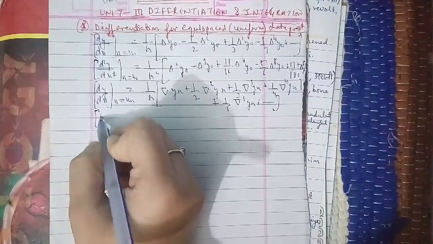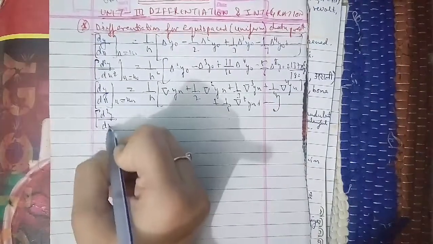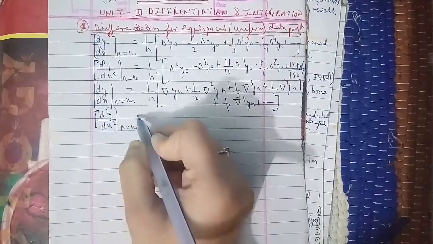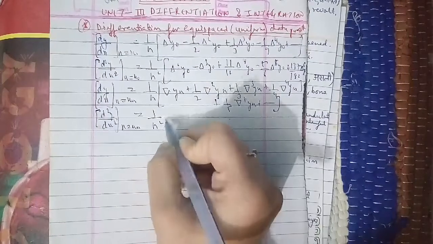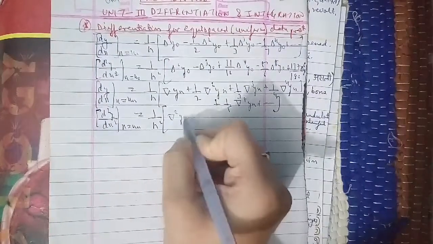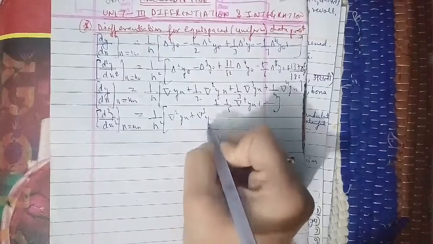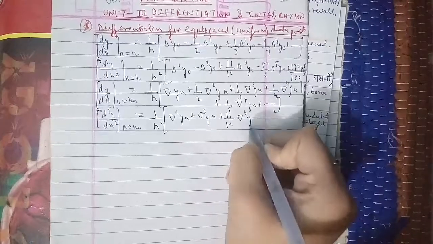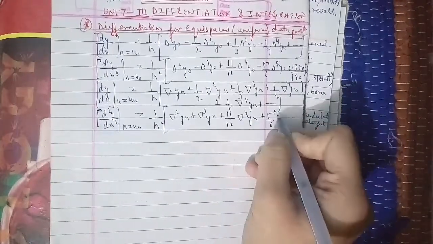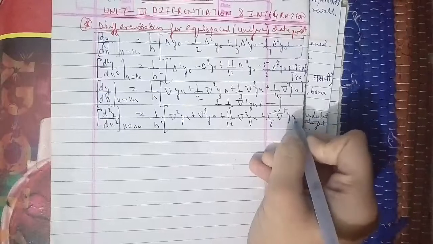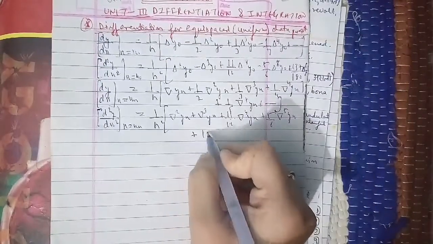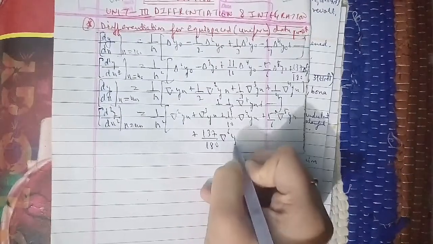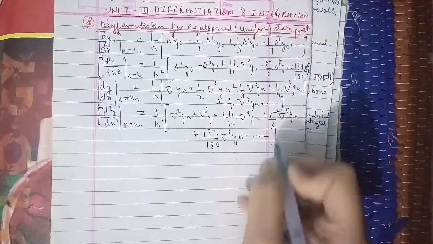Now d squared y/dx squared at x equals xn equals 1/h squared, bracket, backward squared yn plus backward cubed yn plus 11/12 backward 4 yn plus 5/6 backward 5 yn plus 137/180 backward 6 yn plus and so on.